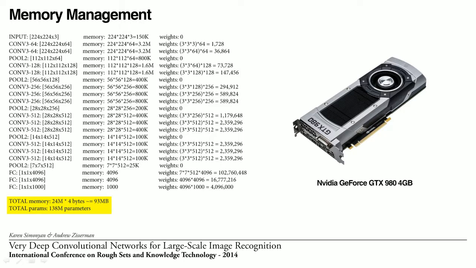Well, not quite, because we need another 100 megabytes per image for the backward pass as well. We cannot release the memory until we've performed both the forward and the backward propagations. So in this case, we need 200 megabytes per image, and a possible batch size would be 20 images.